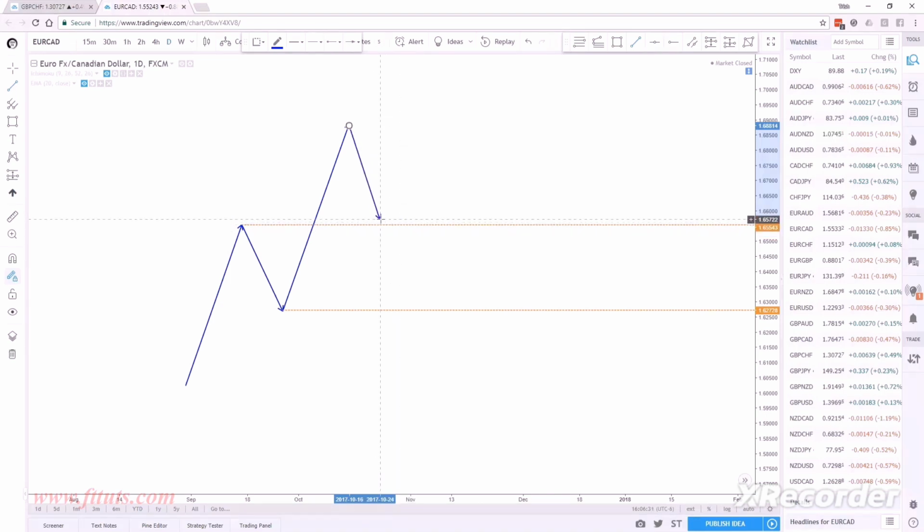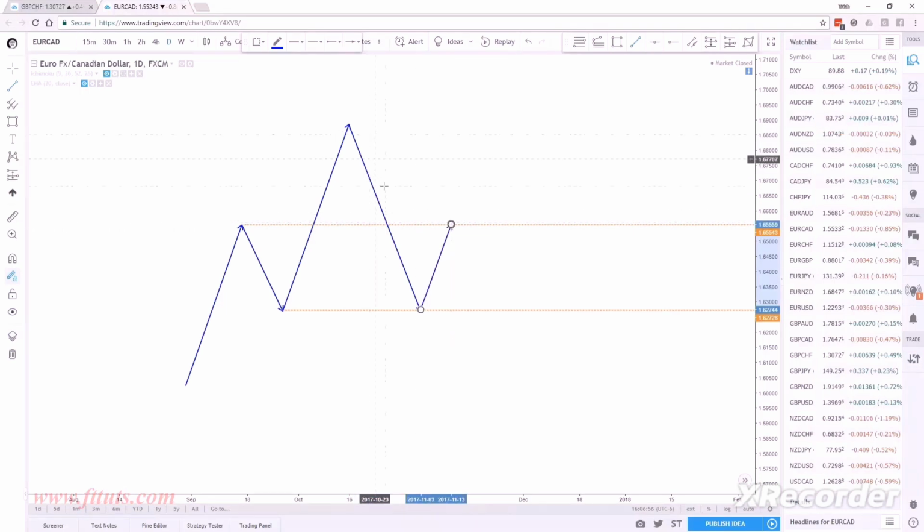if we see a rejection at this level. If we see price come all the way down here to what we call a deep retracement, now we're looking for either price to break through and form that new trend, or this is where we get our rejection, and this is what I'm talking about as far as now we look to see that right shoulder get formed at this level.